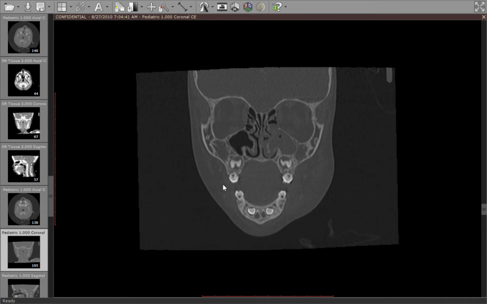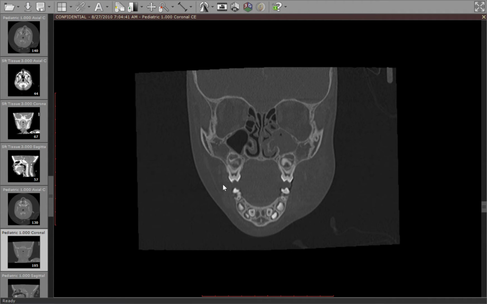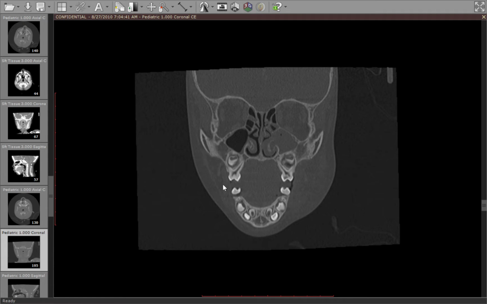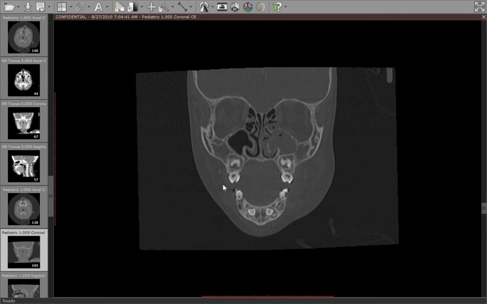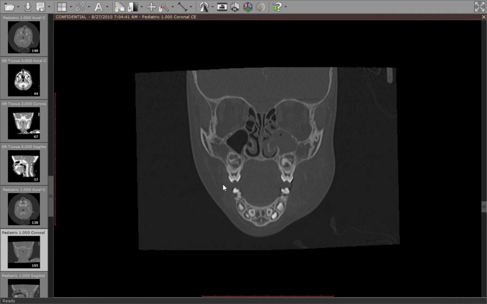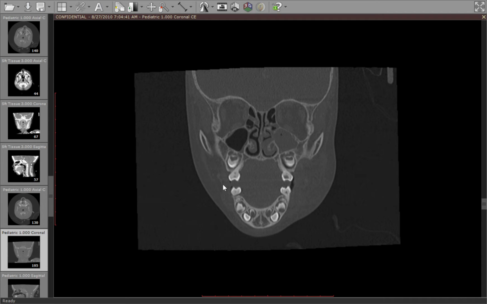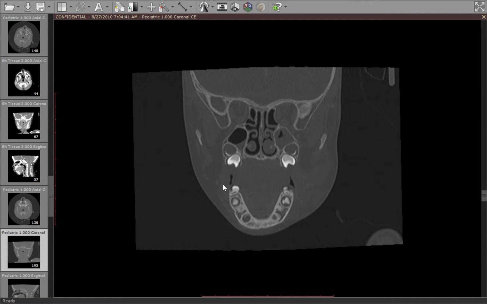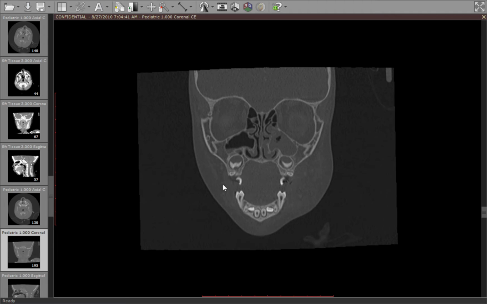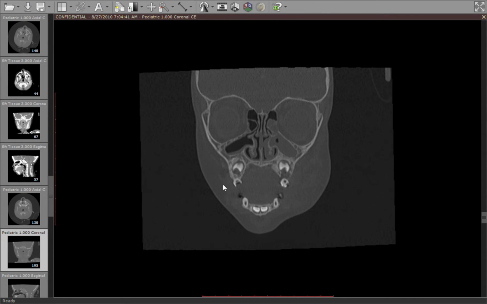The other thing I want to point out is that primary tooth apices, the root apices, when they're still developing, they have a little periapical radiolucency around them. Let me find a good example of that. So right here, in an adult, you see this is going to be decay more often than not.